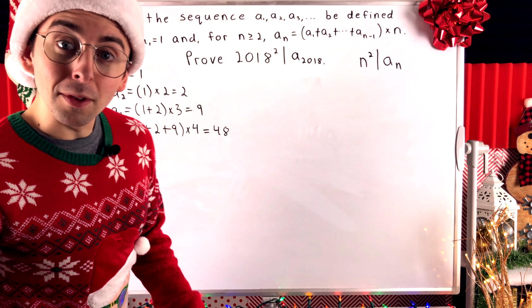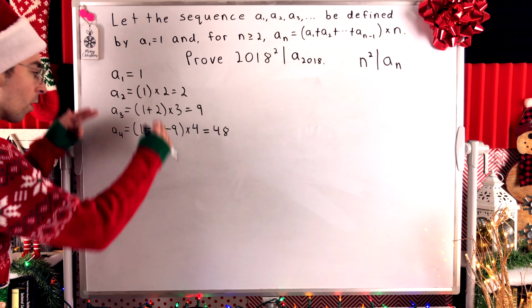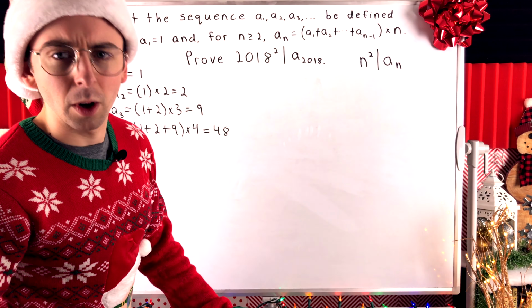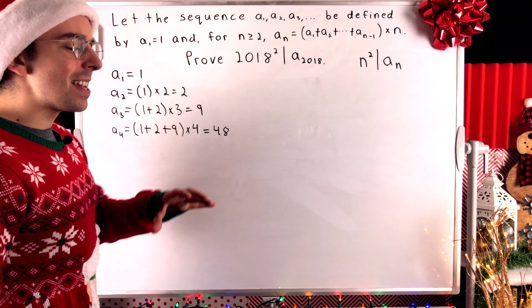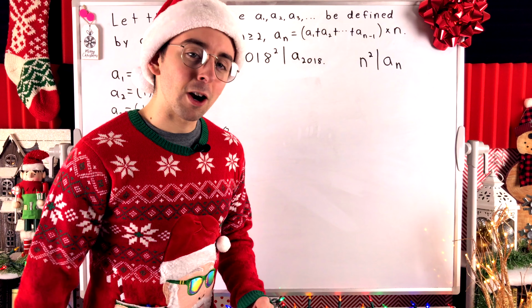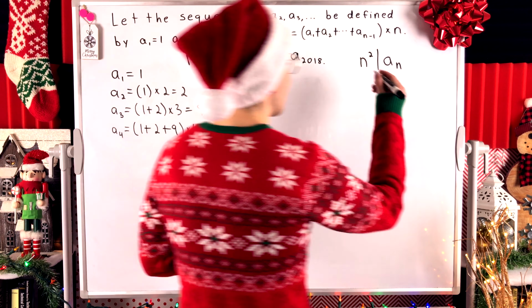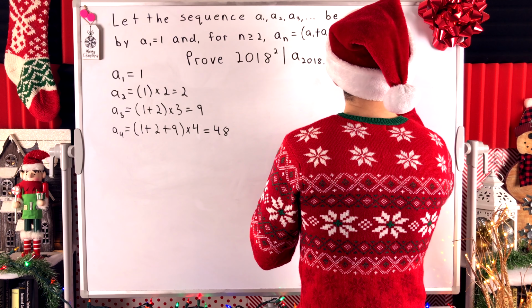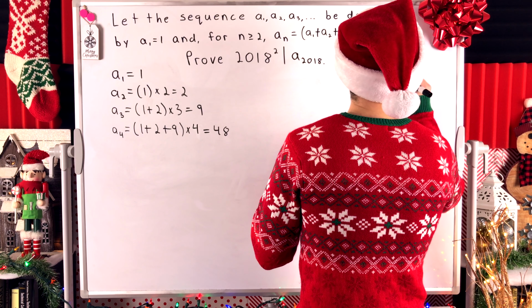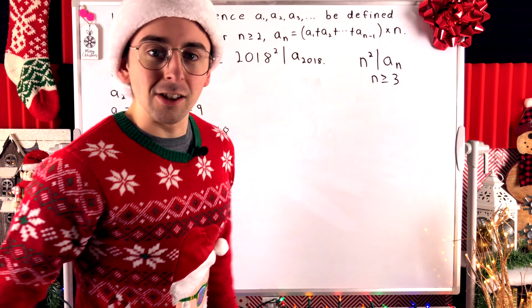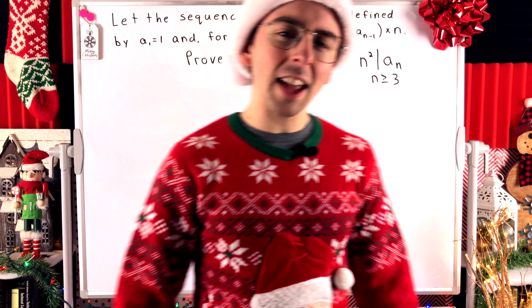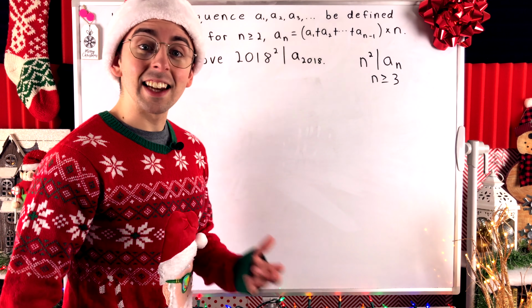But maybe if we're optimistic, we suspect it will work for all terms of the sequence afterwards. Sometimes things can be a little bit rocky right at the start of a sequence, so let's be optimistic and hope that we can prove our result for all terms of the sequence where n is greater than 2, so at least 3.